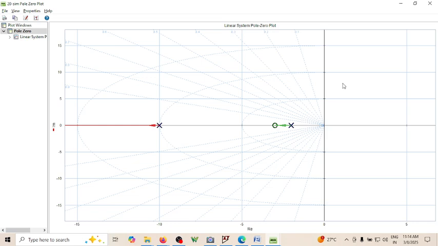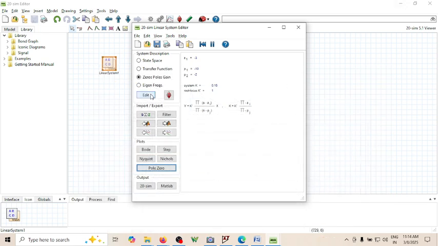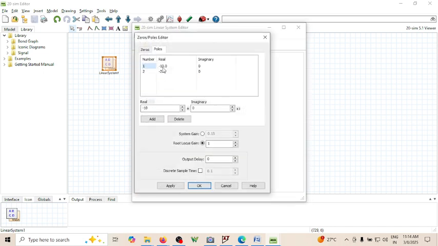Now let me put a pole on the complex plane. So how do you make it complex? I'll just edit this. Let me make some imaginary value also, something like 3. I will apply this.